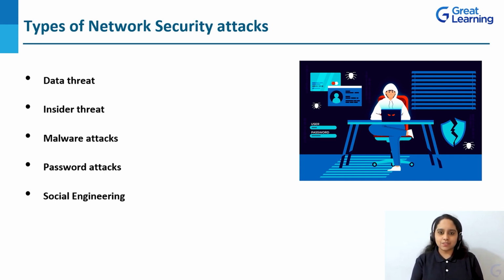Next one is password attack. Password attack is unethically entering into a system by trying to guess or crack the password. Last one is social engineering. The attackers might try to psychologically manipulate the user to gain private information or security protocols.